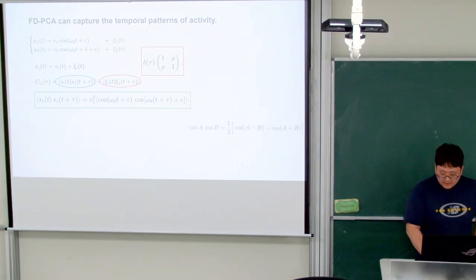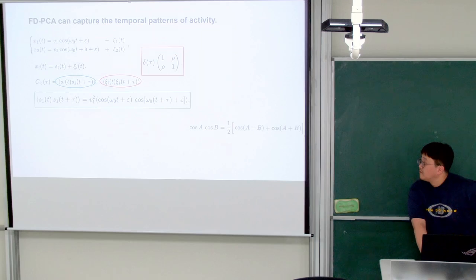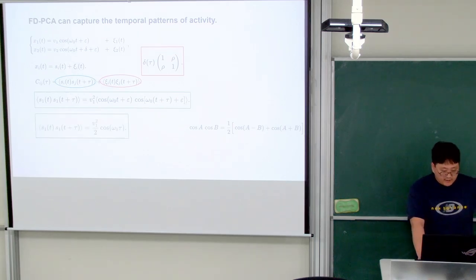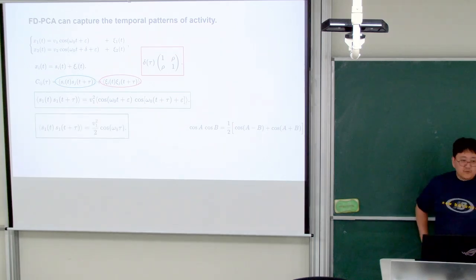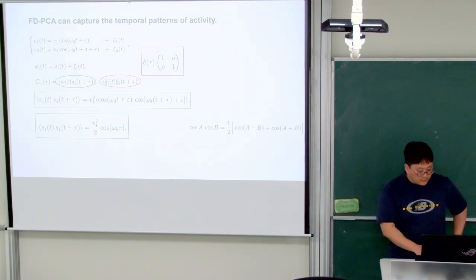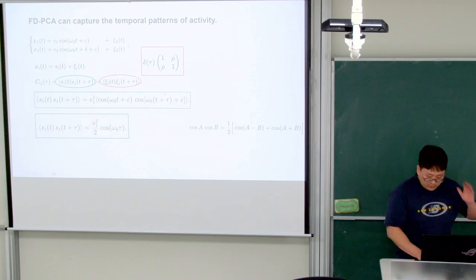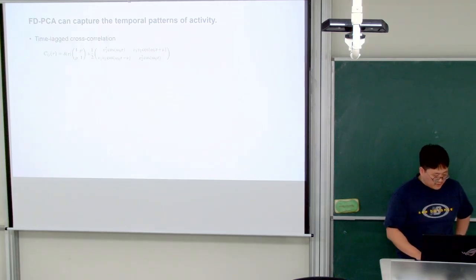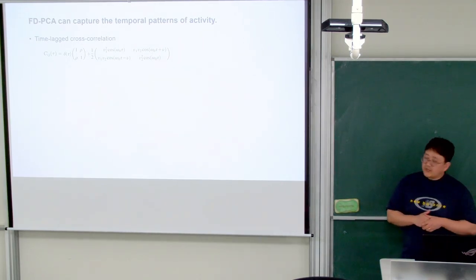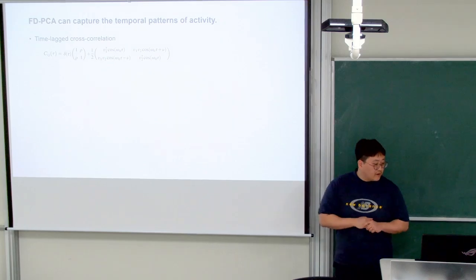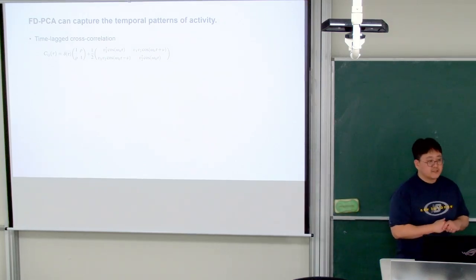Let's simplify this using this formula, and then we can obtain this one. Why is there no time t? Because we average out with respect to time t, right? And we apply this calculation to the other elements of the C, then we can get this time lag cross correlation matrix.